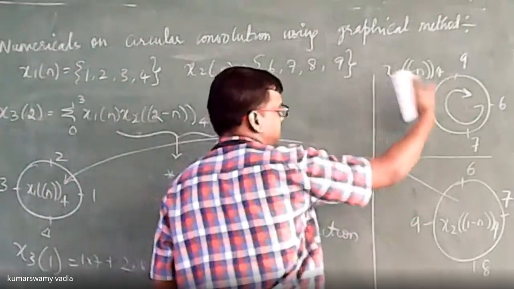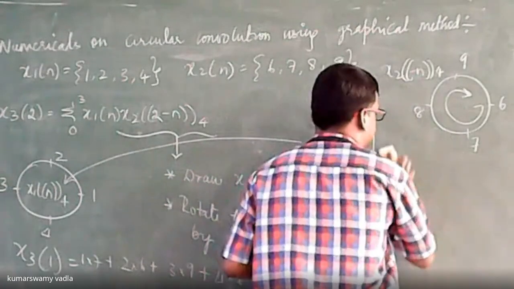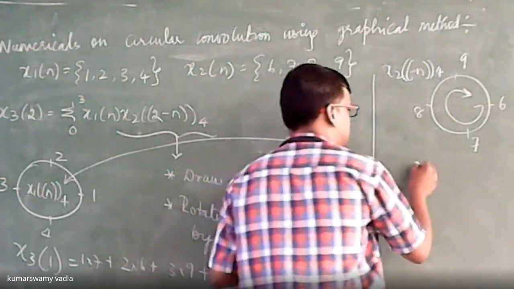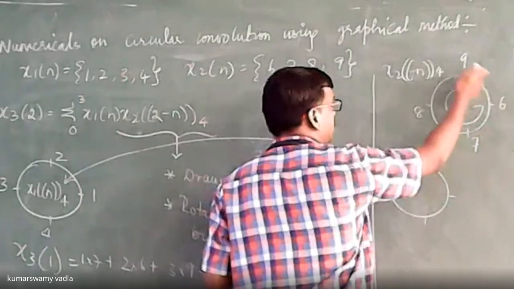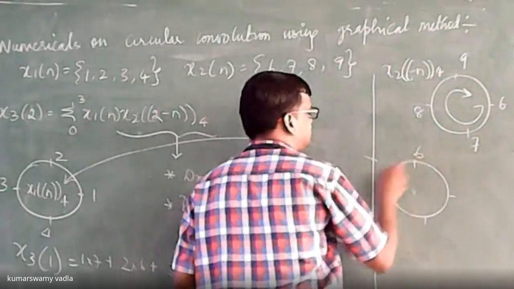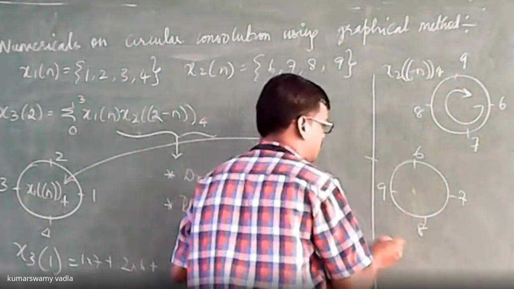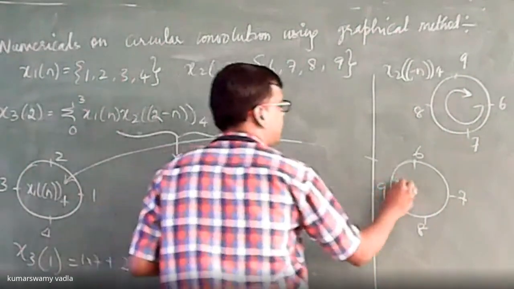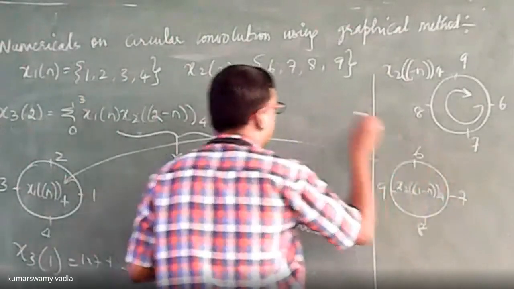Okay. So now, what is this answer here? x2 of minus n. Rotate this by 2 places. What do you get here, friends? First, anti-clockwise by 1 place: 6, 9, 8, 7. This is x2 of 1 minus n of 4.